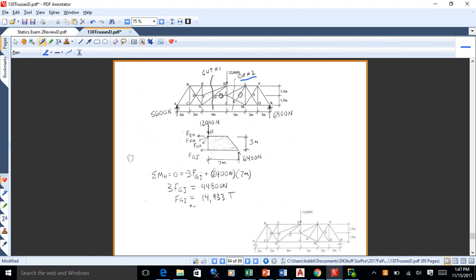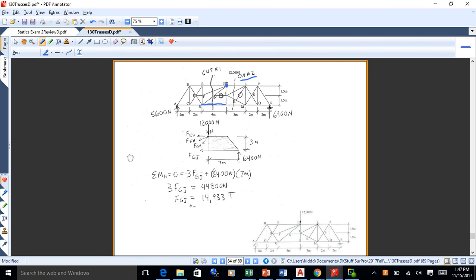When I make cut number 1, everything's radiating out of H right up here, except for this one. The IN I found to be 0. So I can take a moment about H, and I can solve for JG pretty quick. It's 14,933 tension.